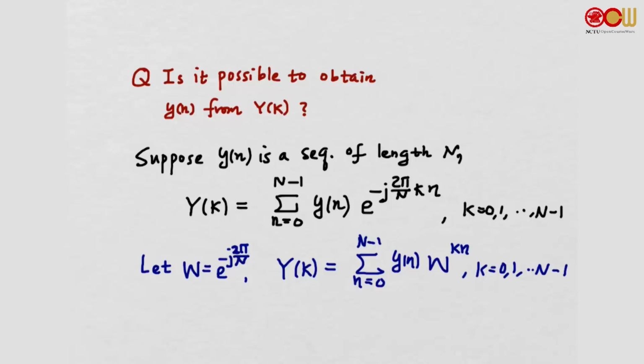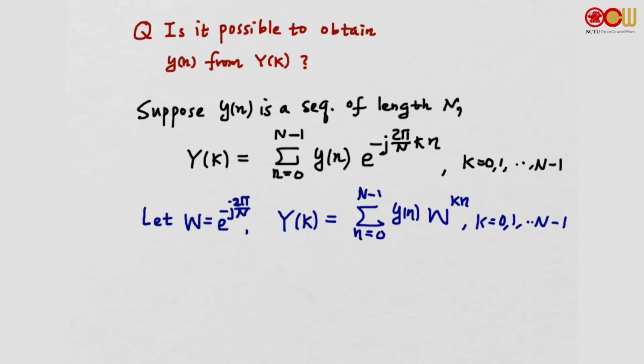Now let's write down the N equations. When k is equal to 0, we have Y(0), and this is a summation with N terms, so let's write down each term separately. For n equal to 0, we have y[0] and W raised to the power of 0, which is 1.